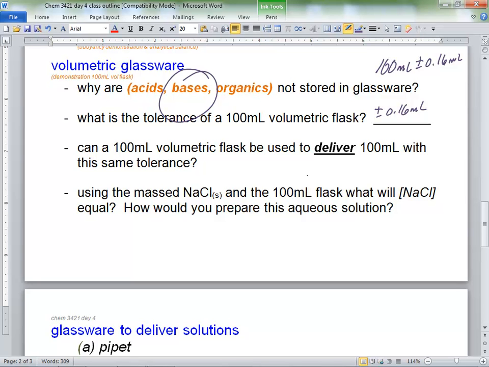Hopefully somebody did. 0.0924, I hear, is the mass of the sodium chloride. Look at that, I got so lucky.